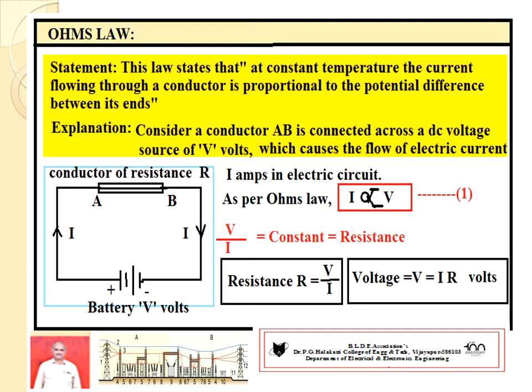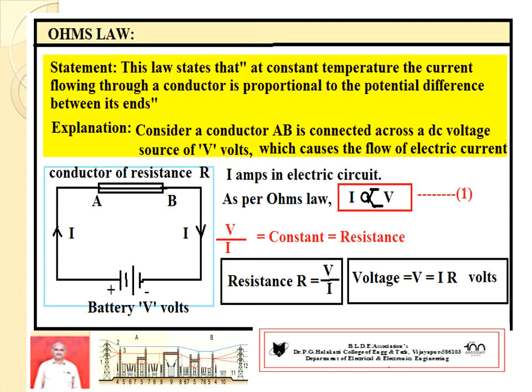As per Ohm's law, I is proportional to V, where I is the current and V is the voltage, as shown in equation number 1. Hence the same equation may be rewritten as the ratio of V by I. The ratio of V by I is a constant. This constant is termed as resistance, in ohms.